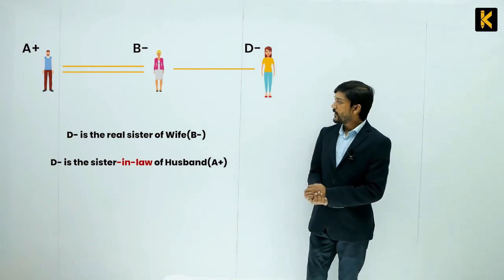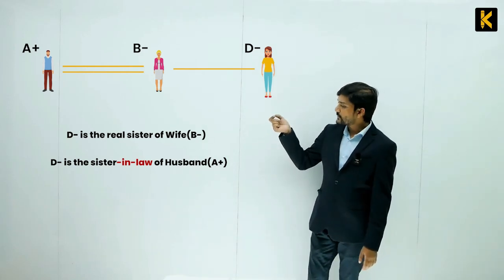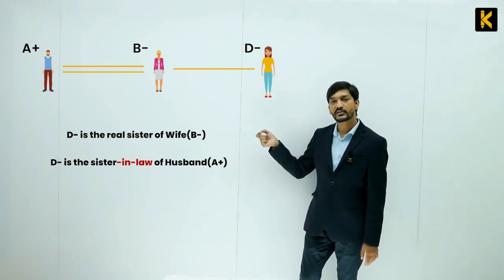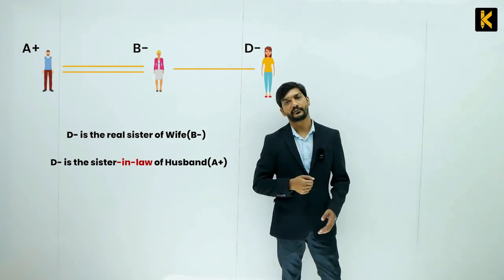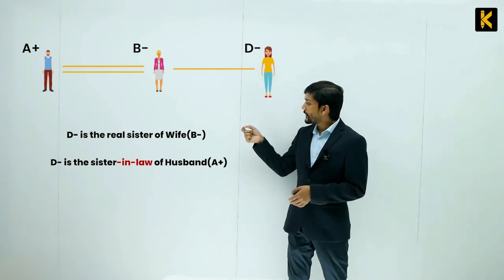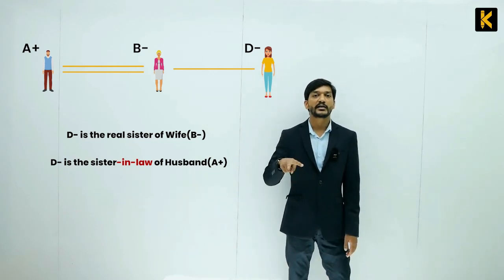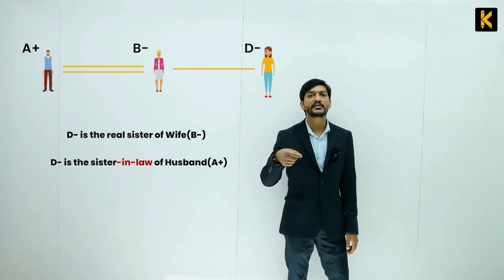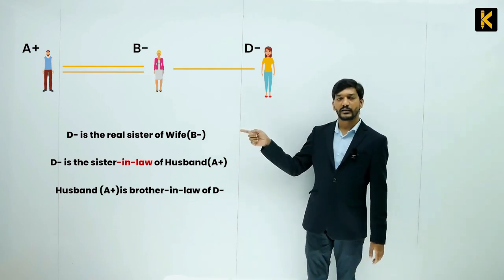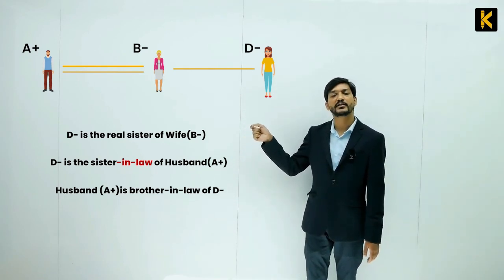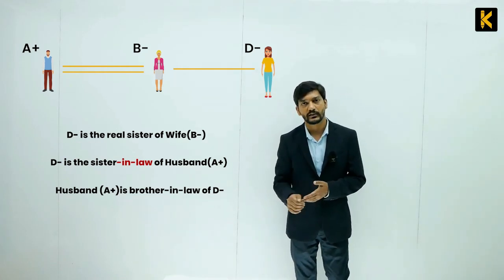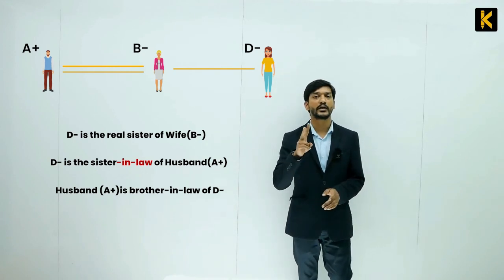So for the husband, this person D will be the sister-in-law. So if you say opposite, if D is the sister-in-law, the husband will be opposite relation, that means brother-in-law. Okay, these two conclusions we can draw.